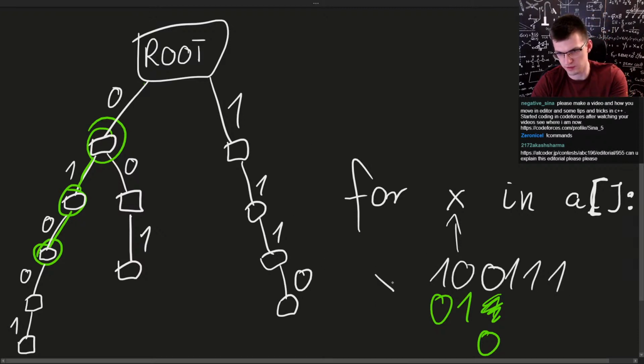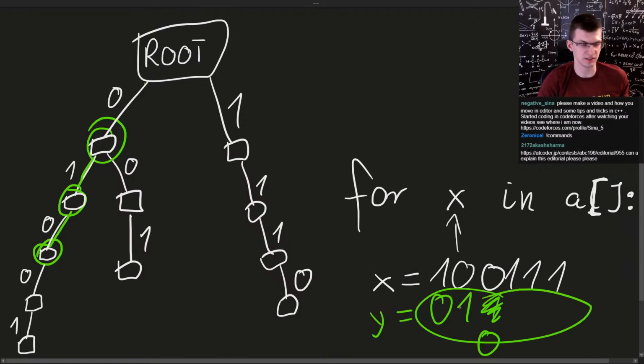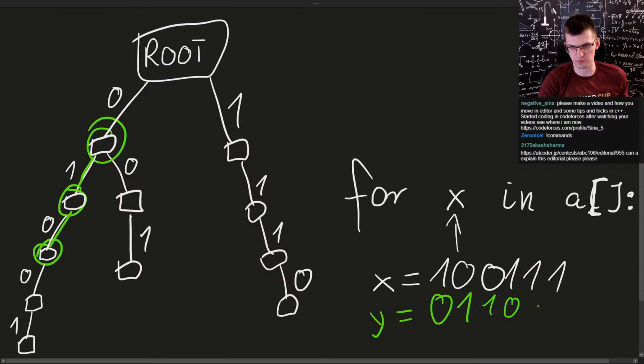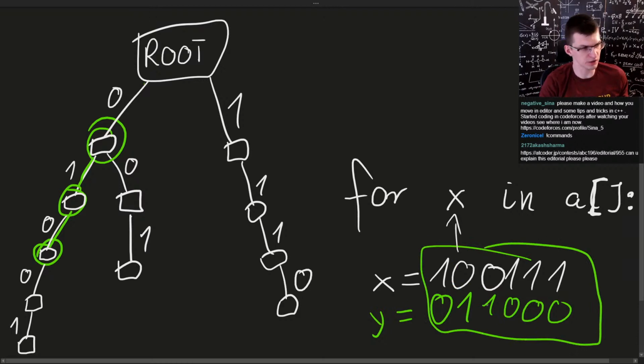Because this is x, and this is some kind of y that I'm creating bit by bit. This y must actually exist in the dictionary. This is why it's tricky to create it. If it didn't need to exist, then I would just put all the opposite bits from x, and then I would have the perfect XOR of those two, with all the ones, maximum possible value.